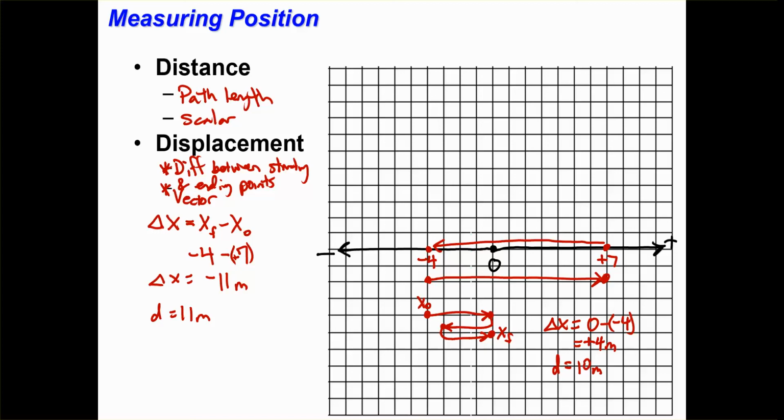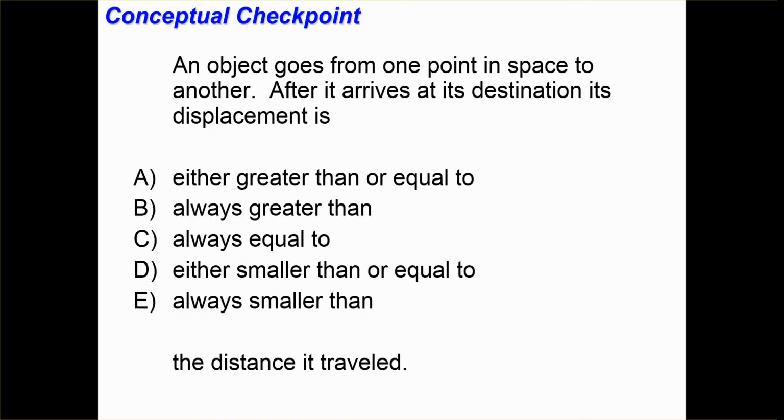So it's very important that you understand the difference between distance and displacement, because they are fundamentally different quantities. So take a look at this question to test whether you understand the difference between the two. An object goes from one point in space to another. After it arrives at its destination, its displacement is, and we want to know the comparison to the distance it traveled.